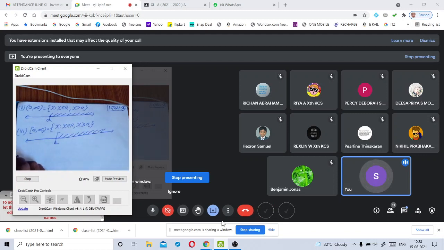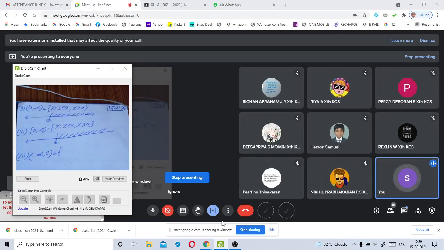Okay, my children. Next, the seventh interval, minus infinity comma A. Minus infinity comma A means the left side numbers. Minus infinity will be on the left side of the number line, yes or no?